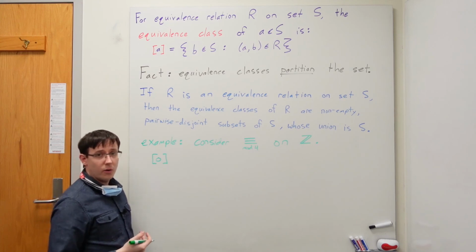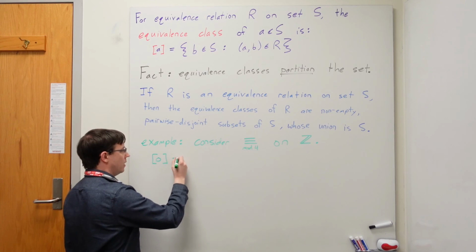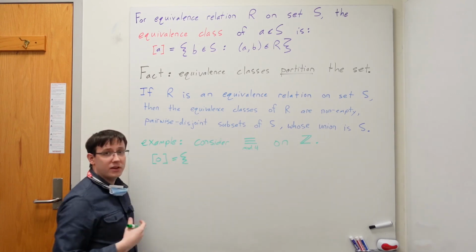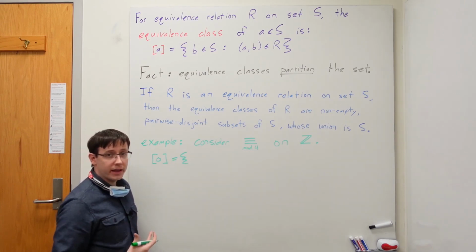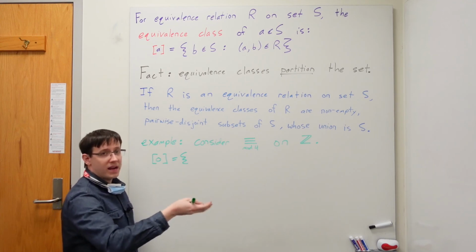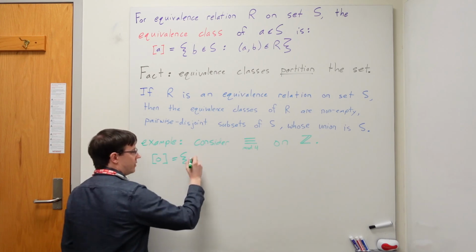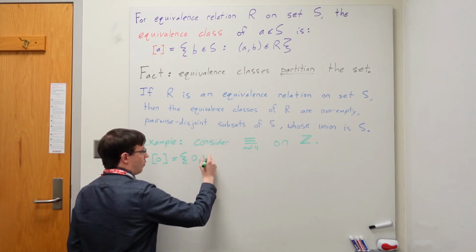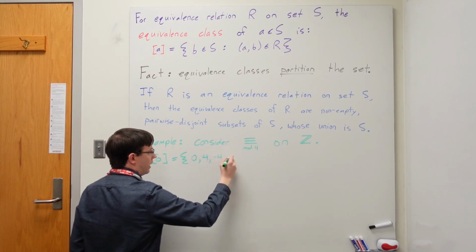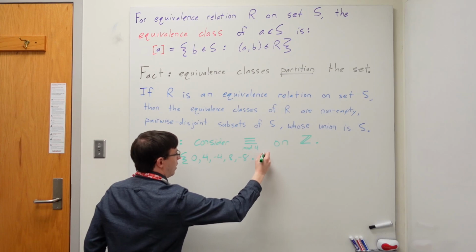I'll pick 0, and think about what's in its equivalence class. Well, this equivalence class contains the set of all things where the difference between that number and 0 is a multiple of 4. So this contains 0 and 4 and -4 and 8 and -8 and so on.